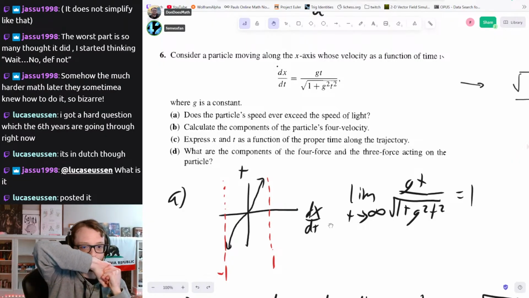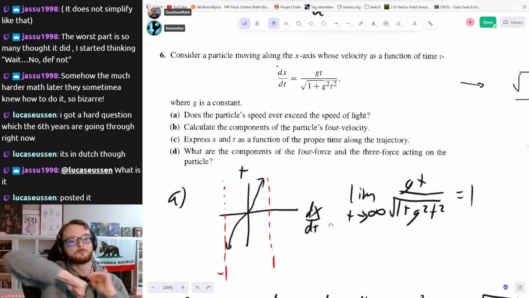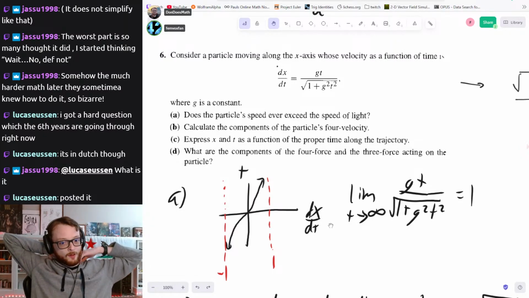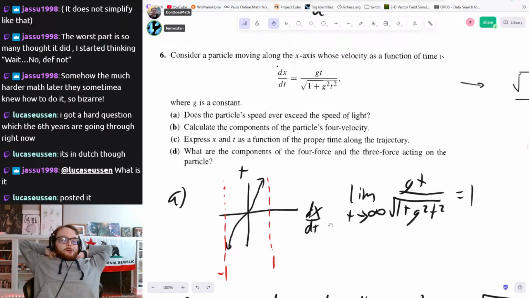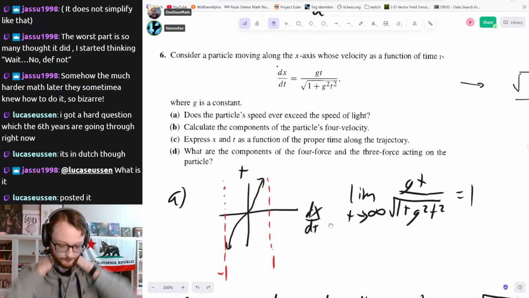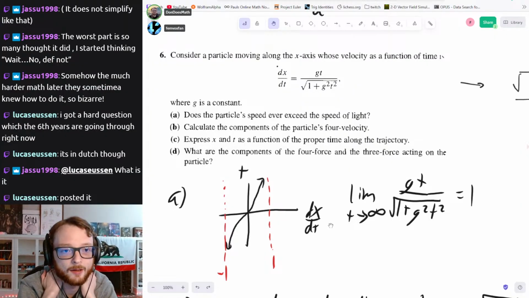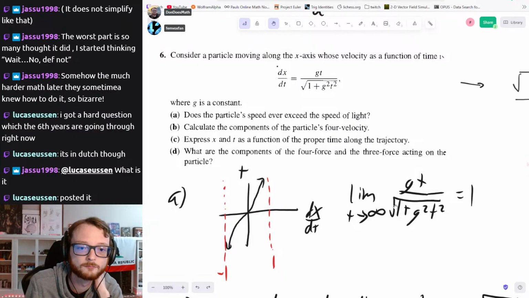Do we have to fix a starting point, like a plus c kind of thing? Can we assume that it starts at the origin at time 0? Yeah, they do that in the example too. Okay. So what if we just say t equals tau?